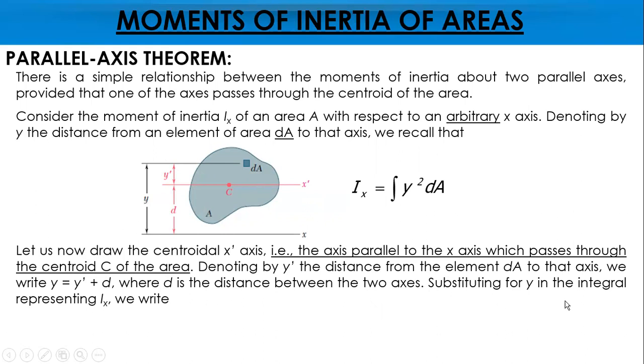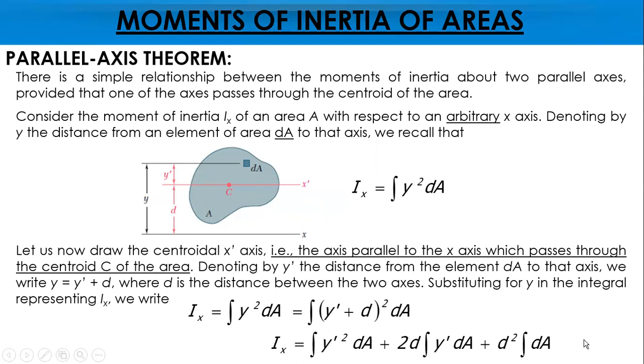Substituting for y in the integral representing Ix, you replace y by this one, y prime plus d. We write this one. And if we expand na to, now, let's recall. Moment of inertia with respect to x is equal to integral of y squared dA. Again, y is the distance of dA from the arbitrary x-axis.